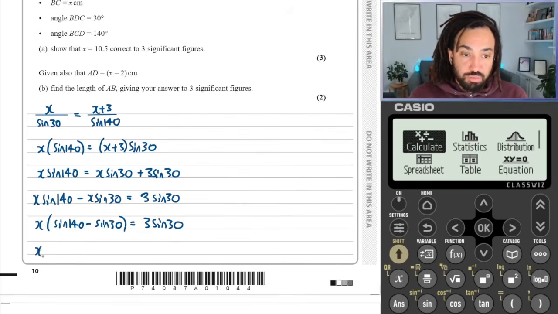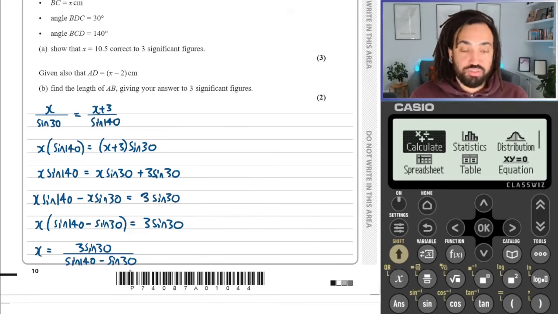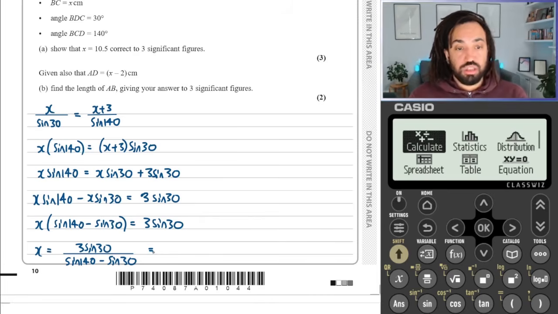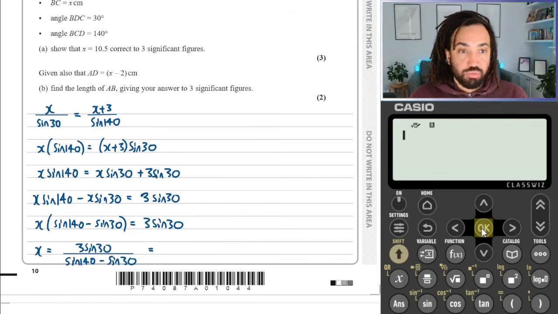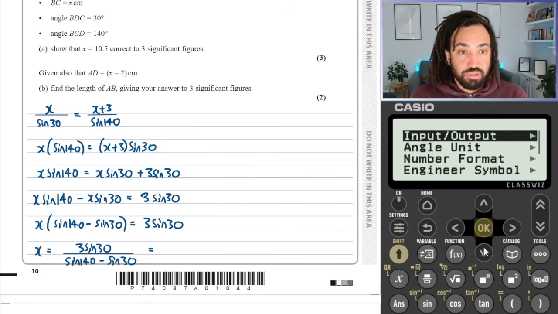Now you may say, why not just use your calculator here? Well, yes, sure, but I want to be as exact as possible with my working, and there may be questions where they do ask you to give things in exact form. So that is the exact answer for x. Now I'm going to use my calculator to work out what the rounded value is. I'm going to do a fraction, and I need to make sure that my calculator is in degree mode.